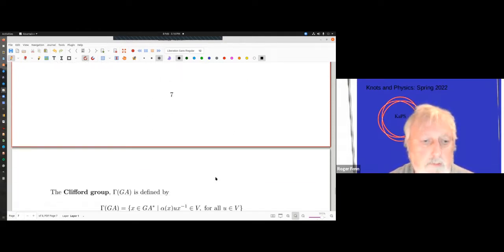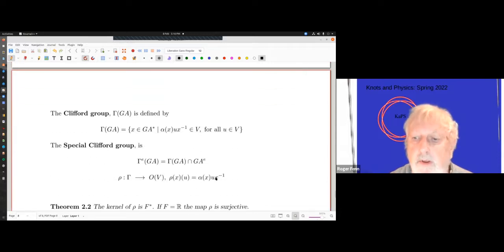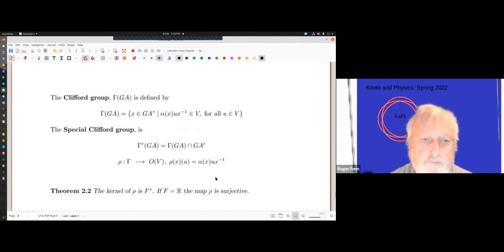Okay, so now we come to the Clifford group. So the Clifford group of a geometric algebra, we take all the invertible elements for which we do alpha of x, so this is some sign of x.